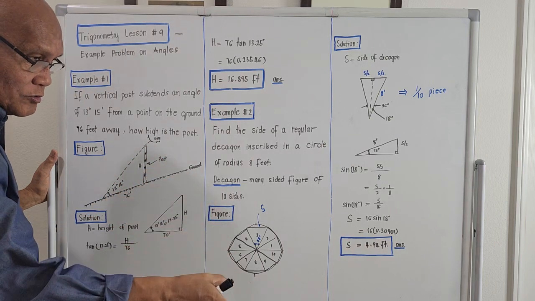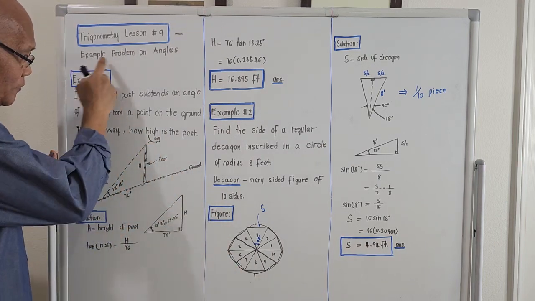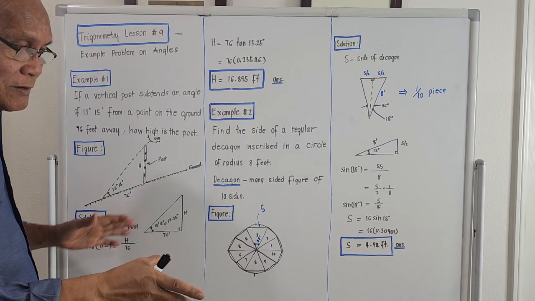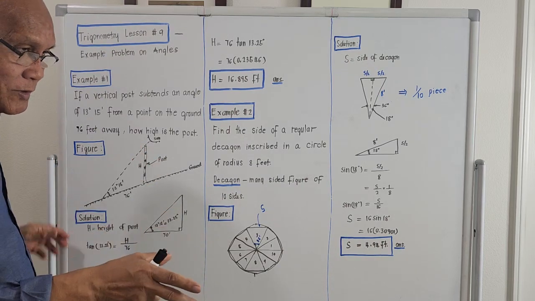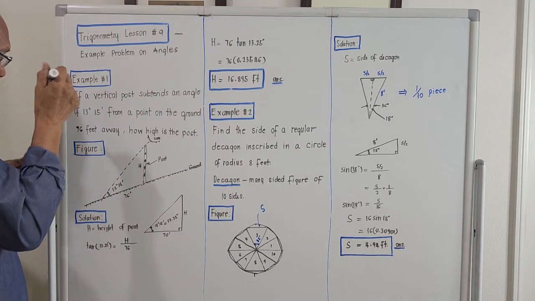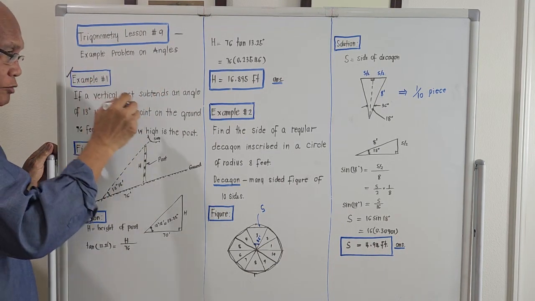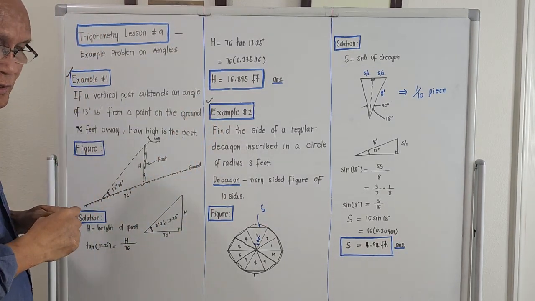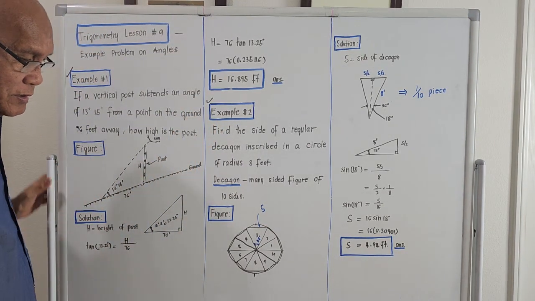But the concentration for tonight will be example problems on angles. I will give you two example problems, example number 1 and example number 2. They are just easy ones.